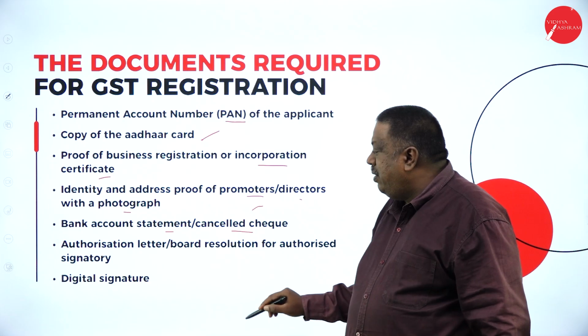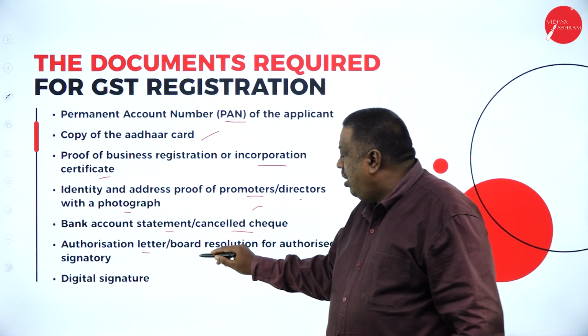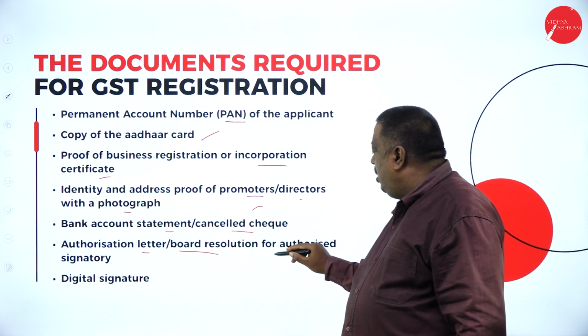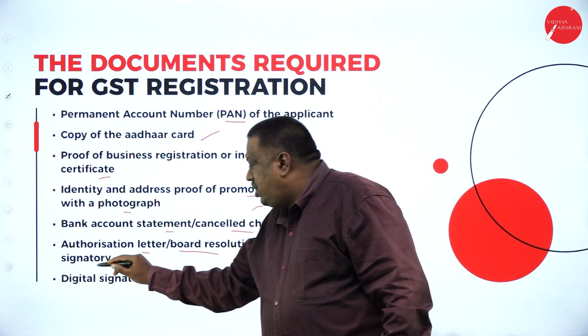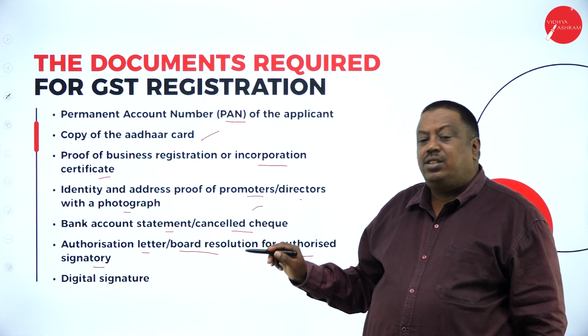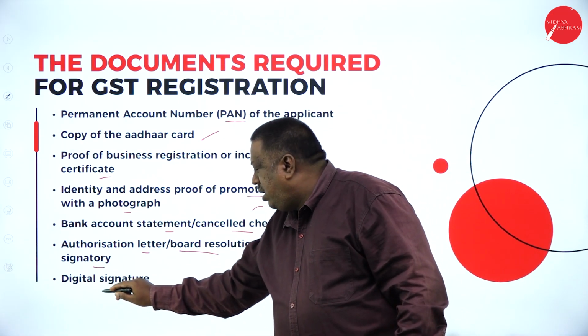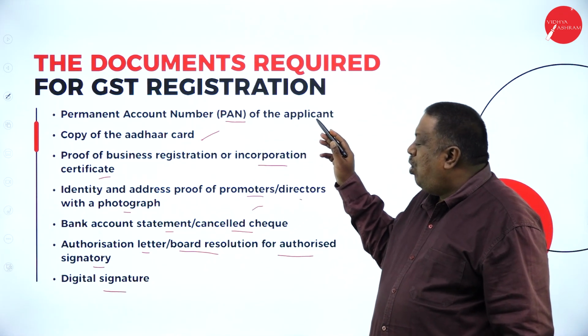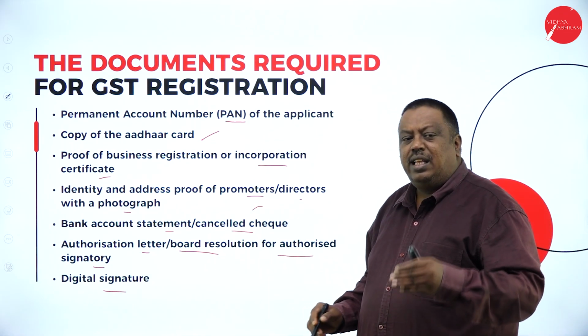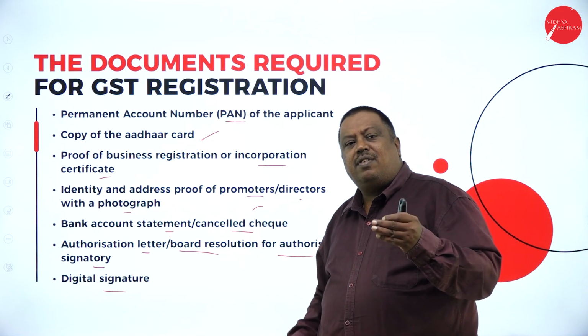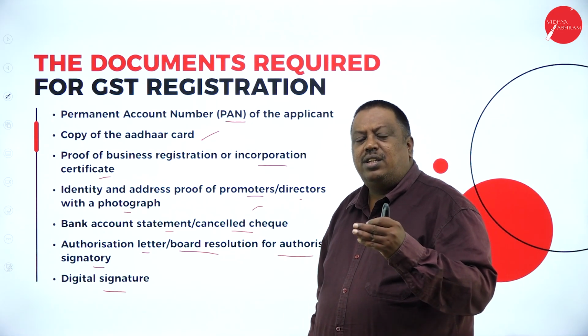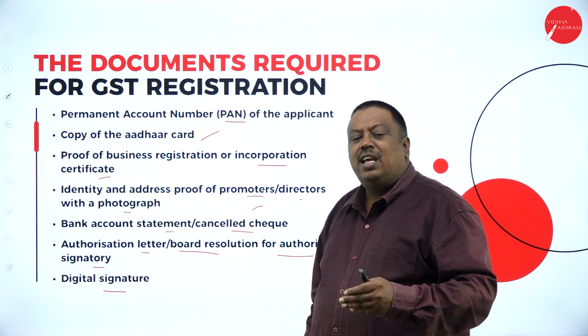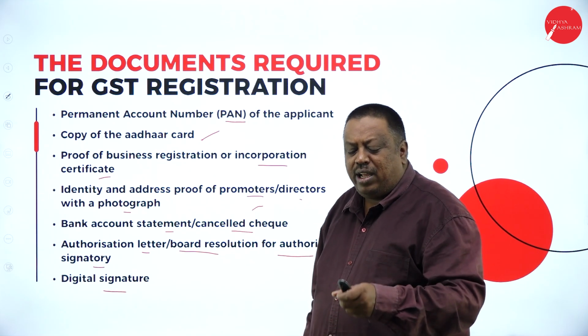A cancelled cheque should be given. An authorization letter or board resolution for authorized signatory should be given to the GST, and a digital signature. If we provide all these things, the GST will register our business in the GST portal, and they're going to provide a 15-digit number for every business.